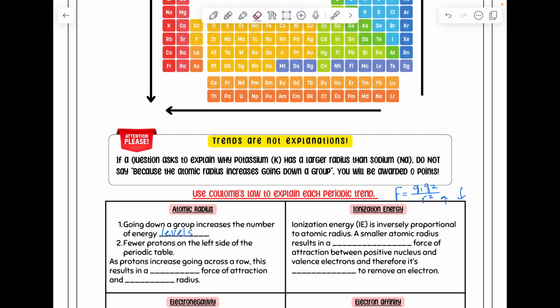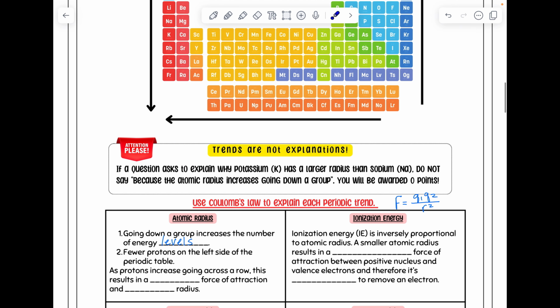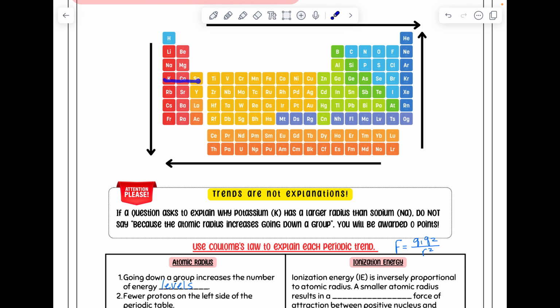the force. Okay? And then as you go to the left side of the periodic table, you have fewer protons. Now we're talking about things that are in the same period, or row. As you go to the right, your protons increase, but you're at the same energy level.